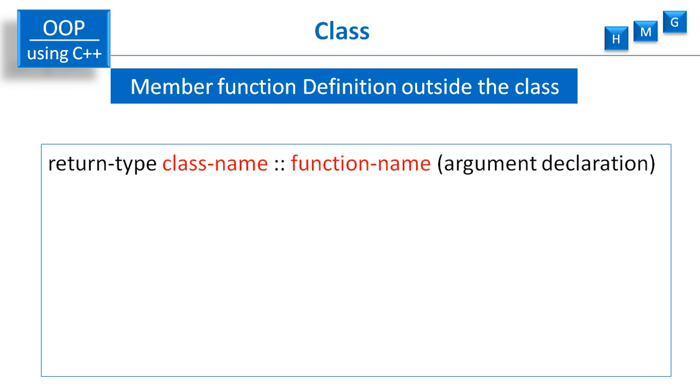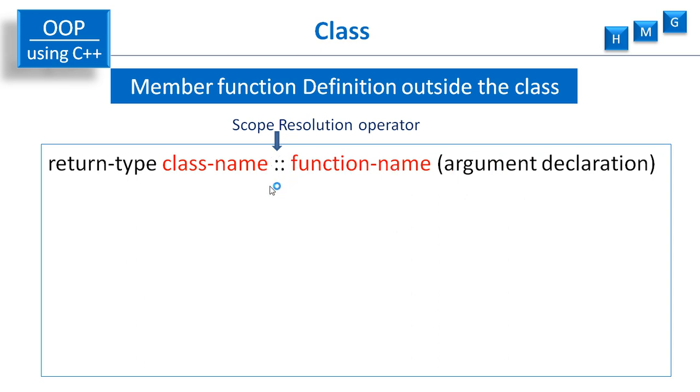This is the syntax or the general format. First, the return type, that is what type of data the function will return. Then the class name, that is the member function is of which class. Then this is the scope resolution operator, double colon, followed by the function name, and in the parenthesis the list of arguments, that is argument declaration.